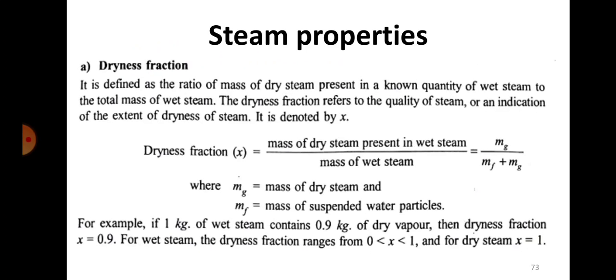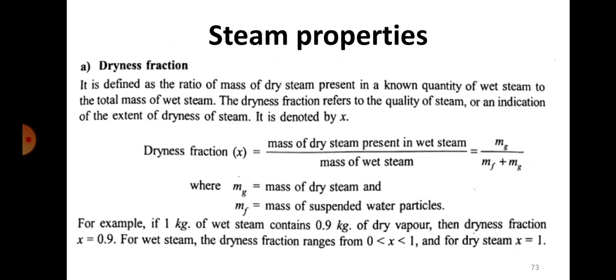Next one is steam properties, or properties of steam. So first one is dryness fraction. This is important. Now what do you mean by dryness fraction? This is applicable for wet steam. This dryness fraction concept is only applicable for wet steam. It is not a part of dry steam or superheated steam because it is 100% dry.